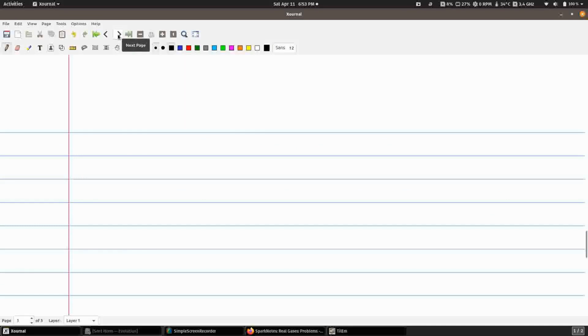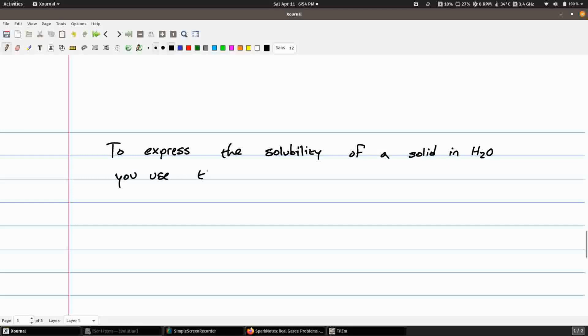So to express the solubility of a solid in water, we have to use a certain ratio. You use this format.